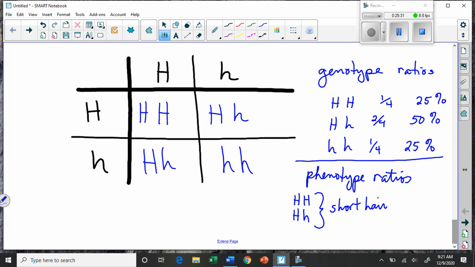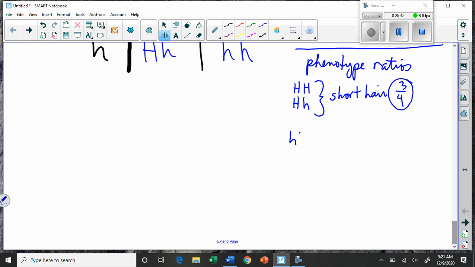So that means out of the 4 possible outcomes, 3/4 of them have those short hair phenotypes. And only one, the little h, produces the long hair phenotype. So there's only 1 out of 4.